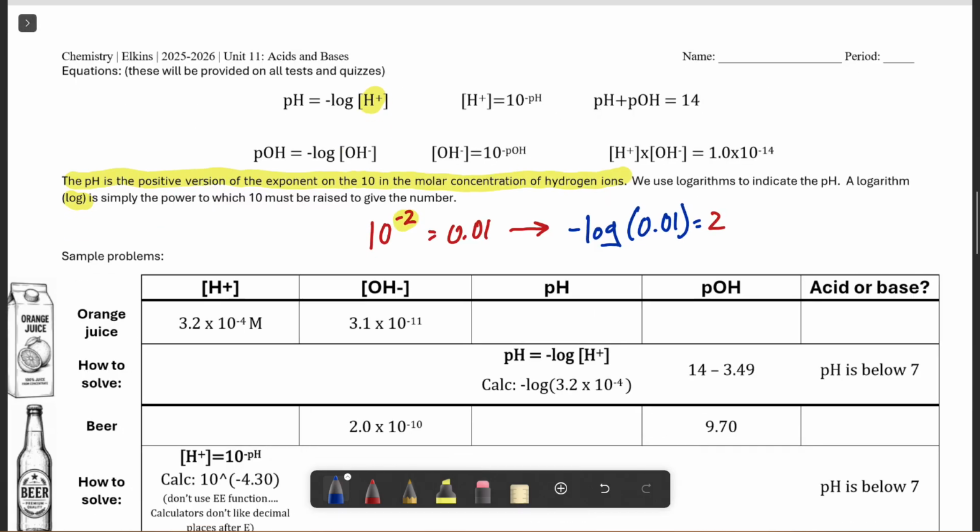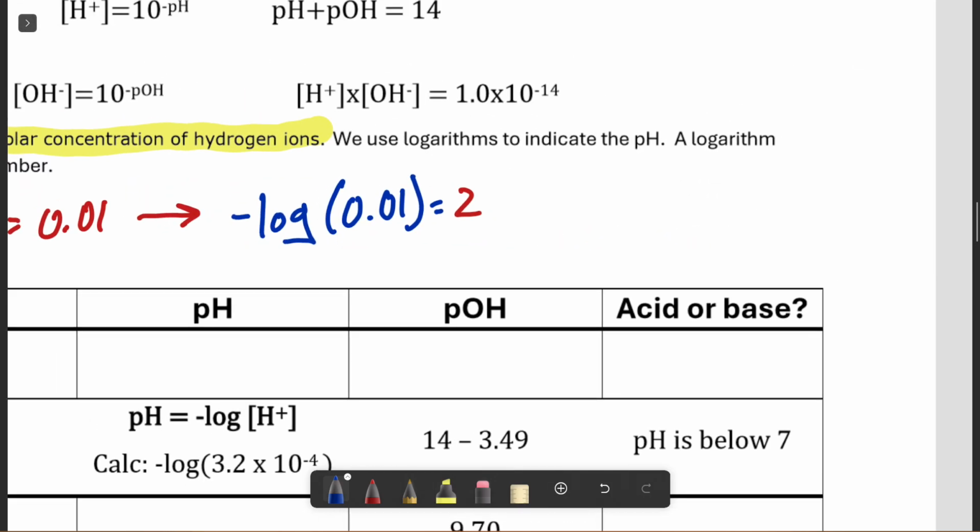All right, if that's confusing, well, you're in luck because your calculators should have a little key that says log. So at this point, I want you to pull your calculator out of your bag. And if you don't have a calculator, you can borrow one from the counter. I want you to find the key that says log.